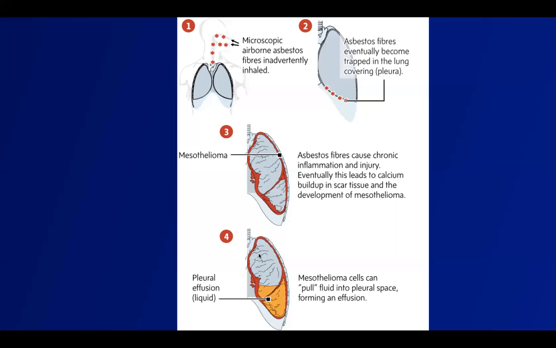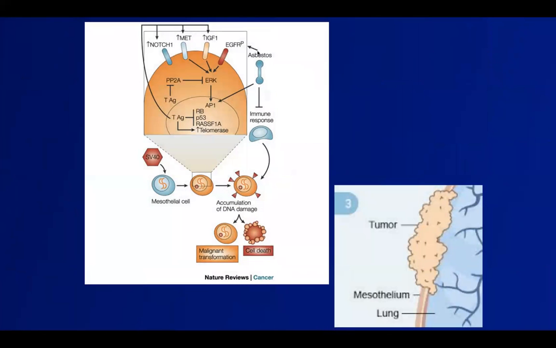For this reason, asbestos fibers accumulate in the alveolar system, and then they pass through the alveoli and can accumulate around the parietal pleura, as you see here. But they continue to induce an immune response.